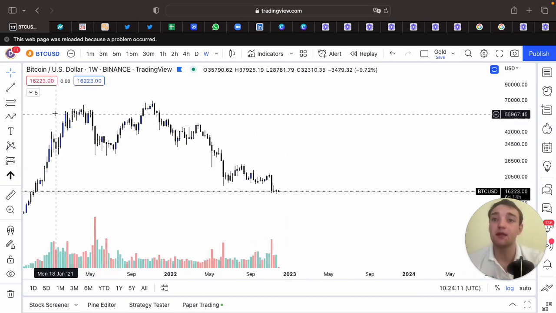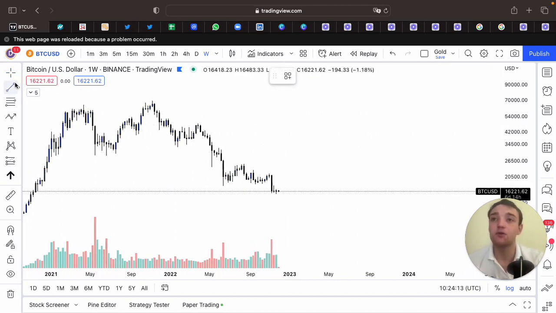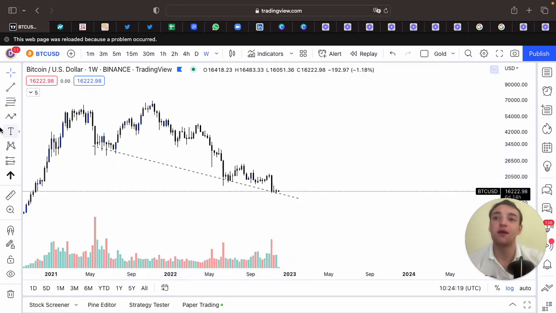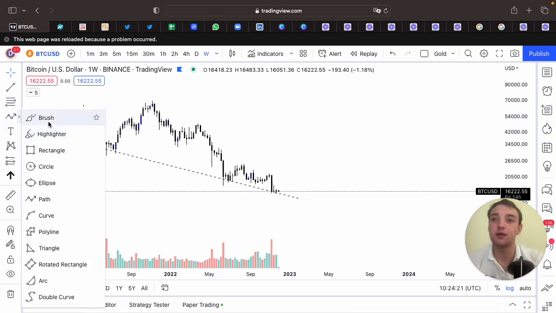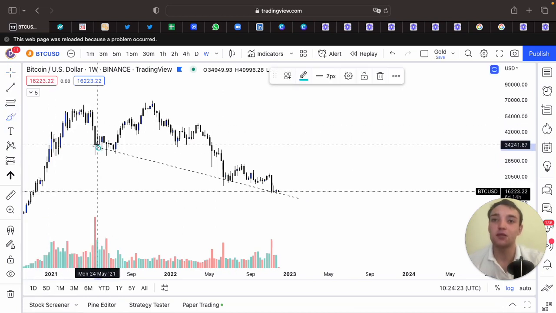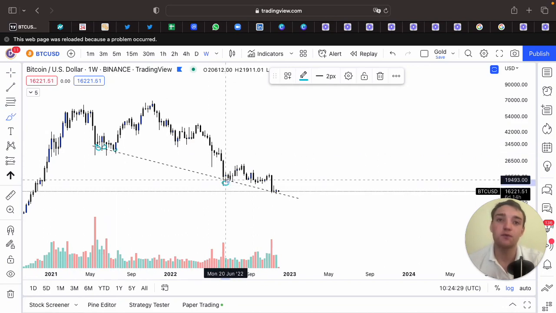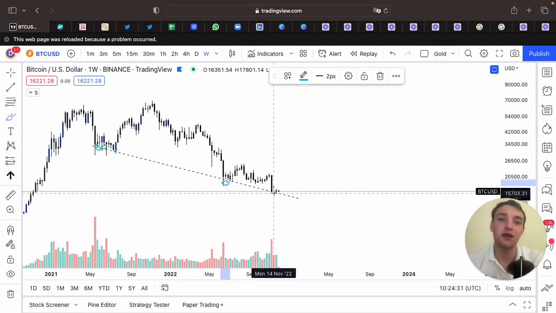You grab your tool, which is the second one down, and I draw it from the candle closes. You can see that we have a valid bottom trend here. We touched it over here twice, 3 times, and then over a couple of weeks we were trading in this range, and at the moment we are currently trading in that range.